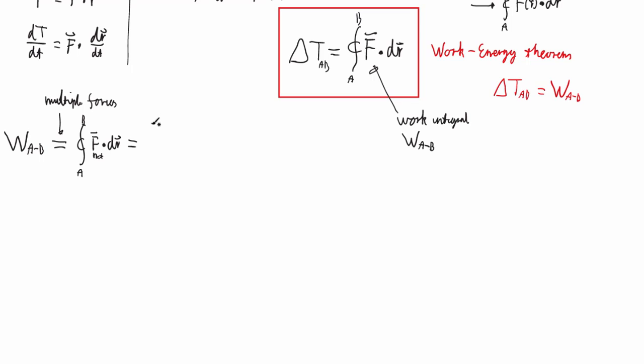So we could write this as the sum of all the forces acting on the particle, replacing F net. And then we can take the sum outside of the integration sign.